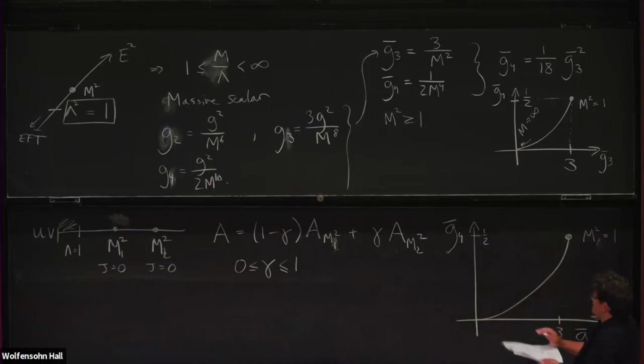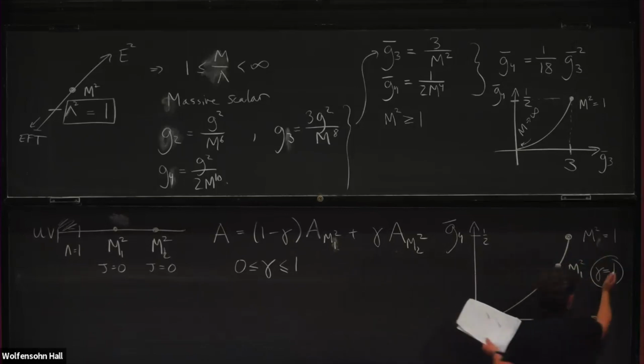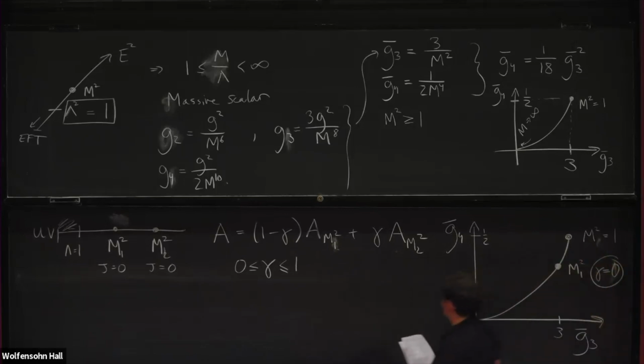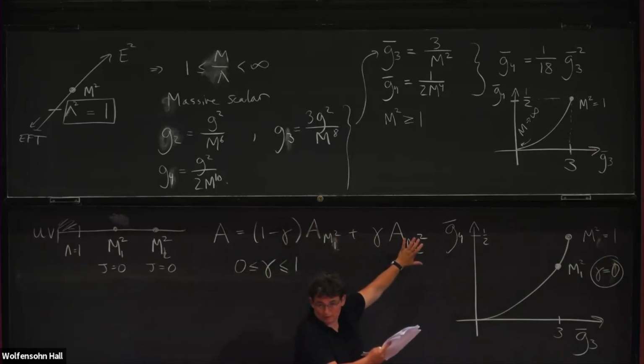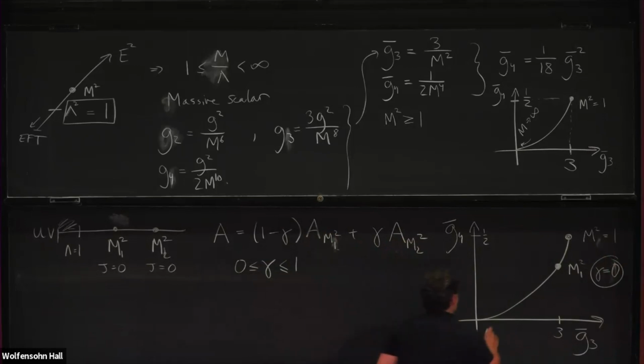If I just think about having 1 mass, like M1, then I could say, okay, my M1, let's make it here. This is M1 squared. So this would be the case where gamma equals 0. I have the M1 amplitude, but I don't have the M2 amplitude. That sits there on a single scalar line. If I do the other one, let's put that down here.